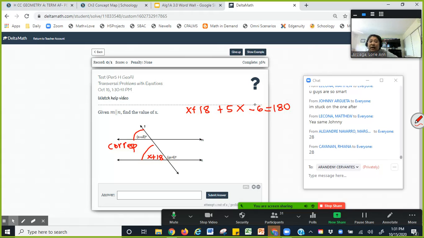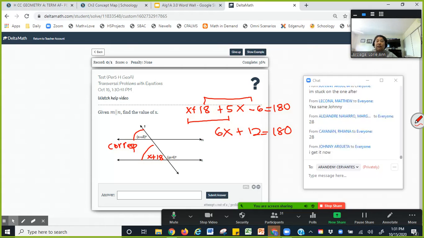And then you will combine like terms. So Maggie and Rihanna said 28. Can you guys try if you will get 28 also? So that is 6x. And then 18 take away 6, that's going to be 12, equal to 180. Okay, I think you can pick it up from there, right? So subtract 12 and divide by 6. You get it now? Awesome.